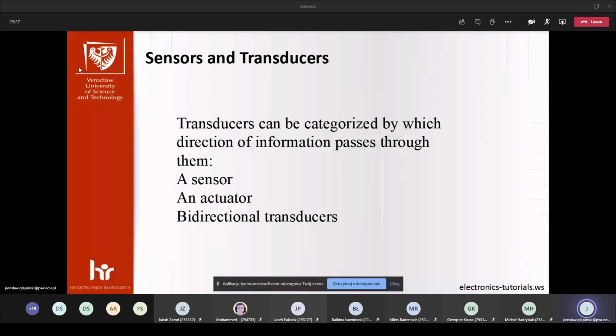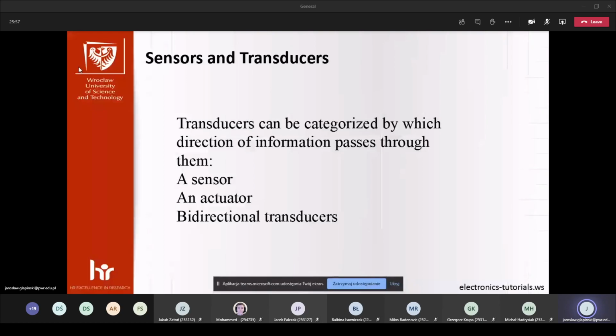So a transducer can be categorized by the direction in which information passes through it. So we've got a sensor. It means that the information is coming from an environment, from some physical or chemical or another type of changes. So we can sense them.